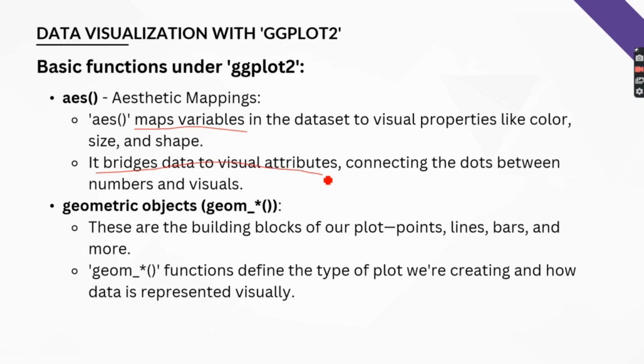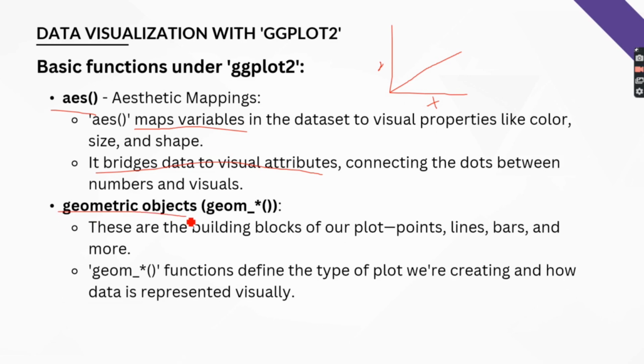It tells which column belongs to which coordinate. Like we have two coordinates, one is x, one is y. So it tells which column belongs to which coordinate. That is what aesthetic mapping does. We map the variables of a dataset.